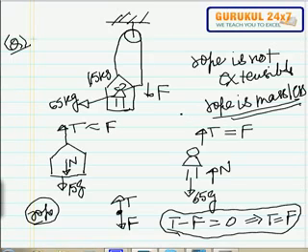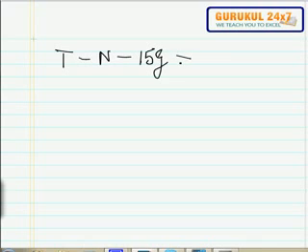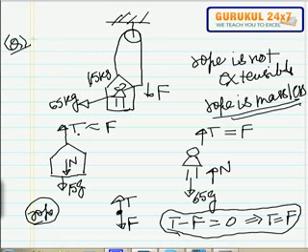Now let's try to write the equations for this. For the trolley, assuming that it's remaining stationary, we will have T minus N minus 15g equals 0. Because tension is acting upwards, N is acting downwards.